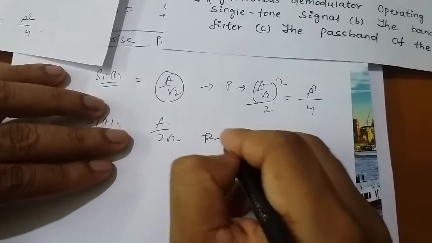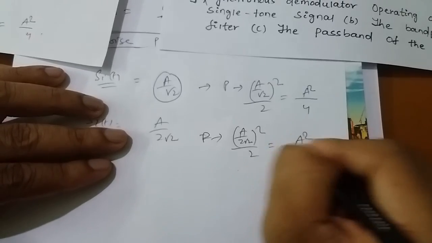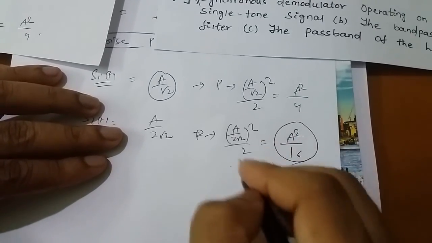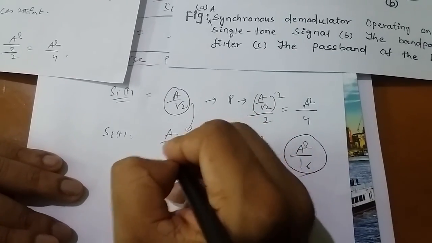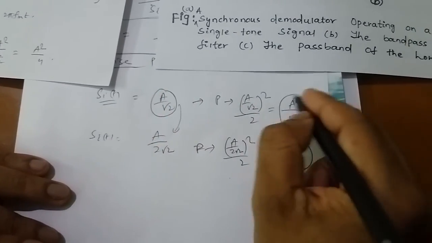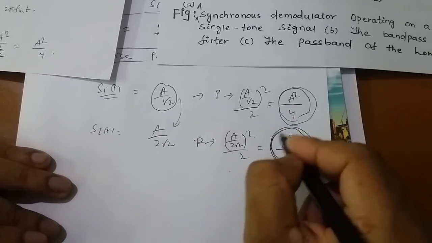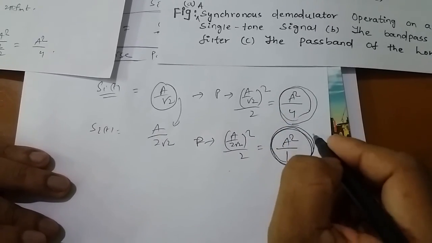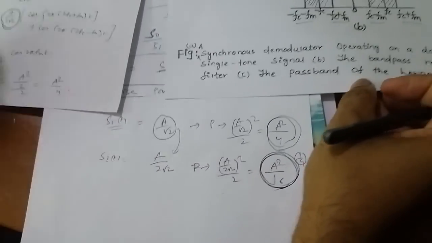Here the power is a by 2 root 2 squared by 2, it is a square by 16. So when the amplitude has been decreased by half, the power has been decreased to 1 by 4th at the two sidebands.